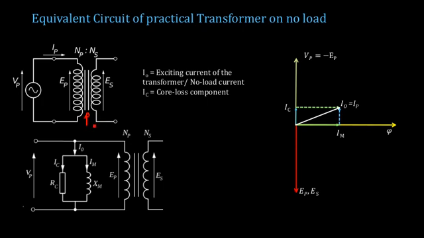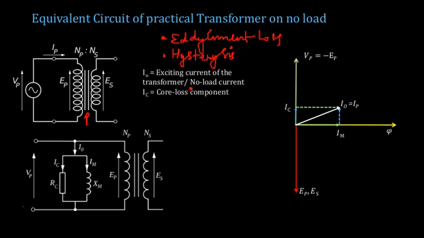Once an iron core is available, obviously you will have some losses in the iron. Generally the two losses that occur in a magnetized iron structure are eddy current loss and hysteresis loss. So you will have these two losses in the iron core, and you have to consider them also.